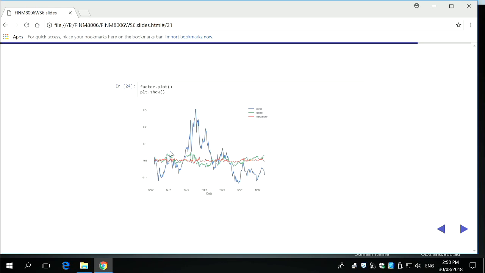So this level just indicates the general level of the interest rate regardless of the duration of the treasury, right? Slope measures the yield slope, basically. So it's the relative difference between the long yield and the short yield. By the way, this slope should really be flipped.